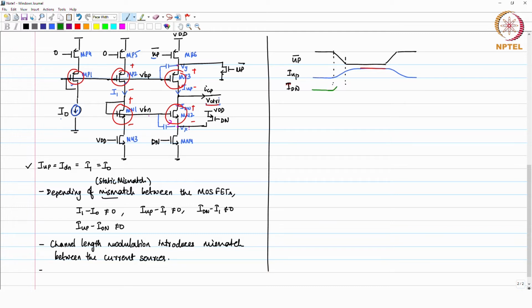I down current may be like this. So, you may have this current same as this current, but during the transition this current is not the same as the current here.